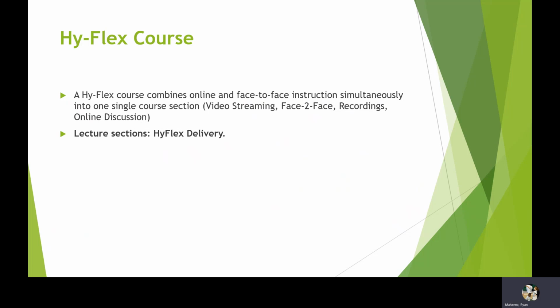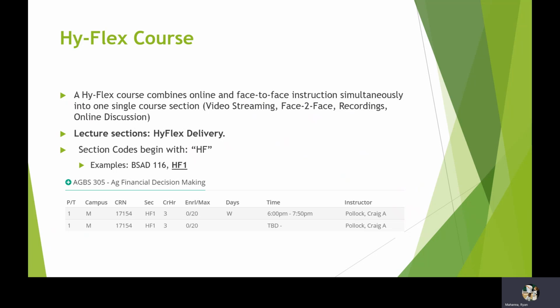So the high flex delivery begins with an HF. All right, so example BSAD 116 HF1. This example here I found on Schedulizer currently. This is an Ag Business course 305. So you see it's HF1.